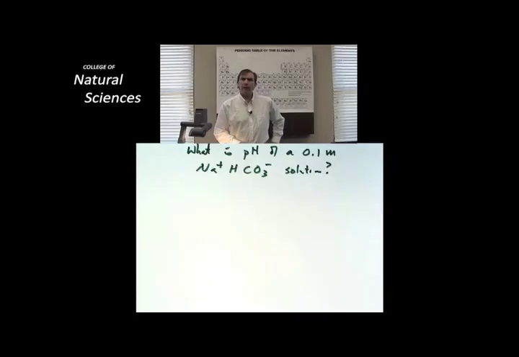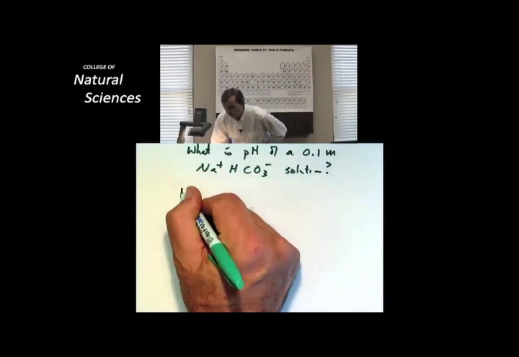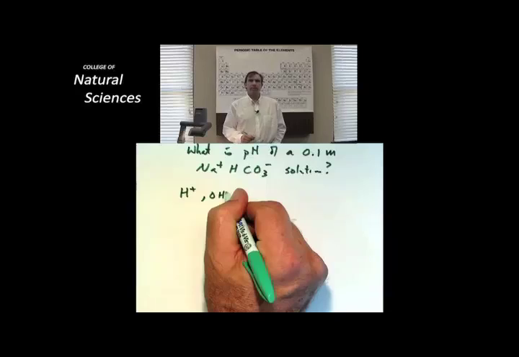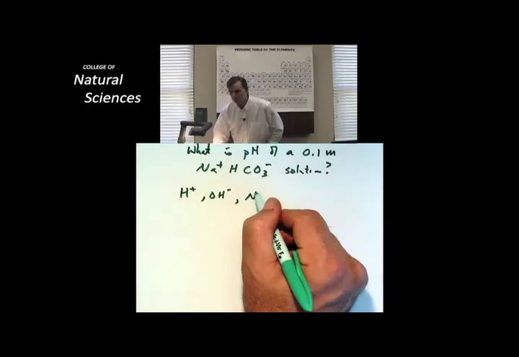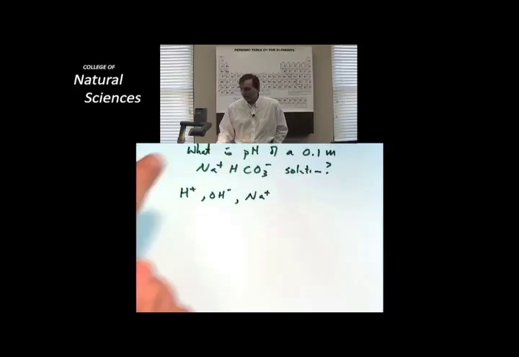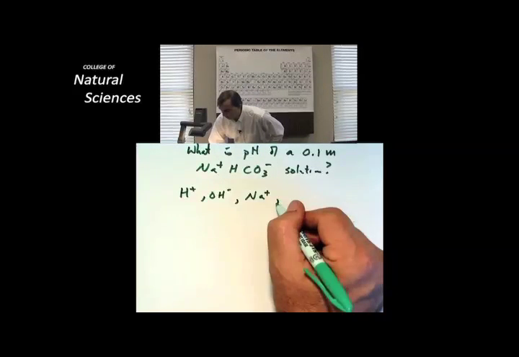Well, let me write down all of the different kinds of unknowns that are sitting in this solution. First of all, I know that in this beaker there's H+ and there's OH-. Those are always present in solution. I know that there's sodium ion in solution. I can see it right there. I know that there's bicarbonate in solution.